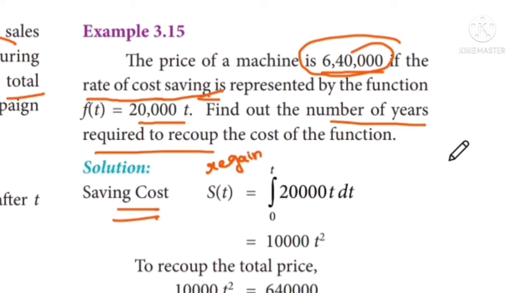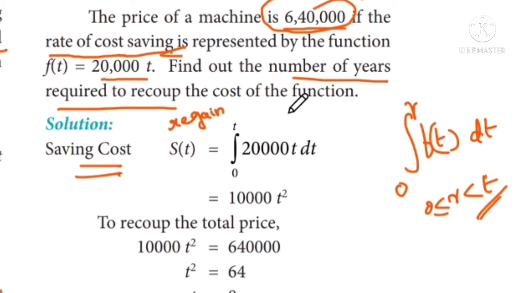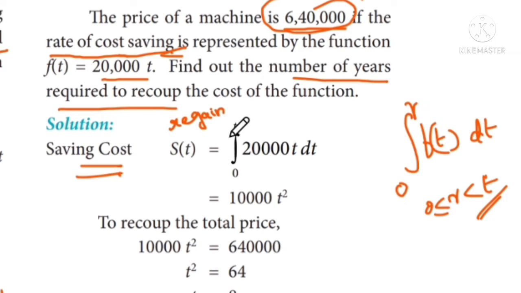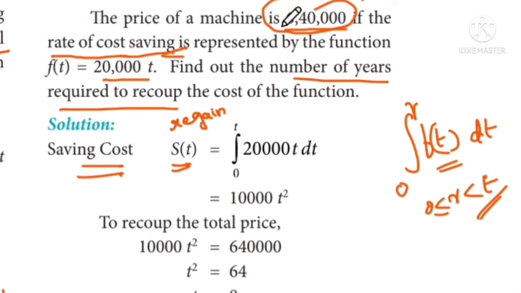The formula you should always remember: for the total cost or total saving or total sales, the formula is the integral from 0 to r of the function dt, where r is the upper limit of the time. Here we don't know the time, the number of years is asked, so that is t. But the function we know, 20,000 into t. And the total amount we also know, 6,40,000 that you need.